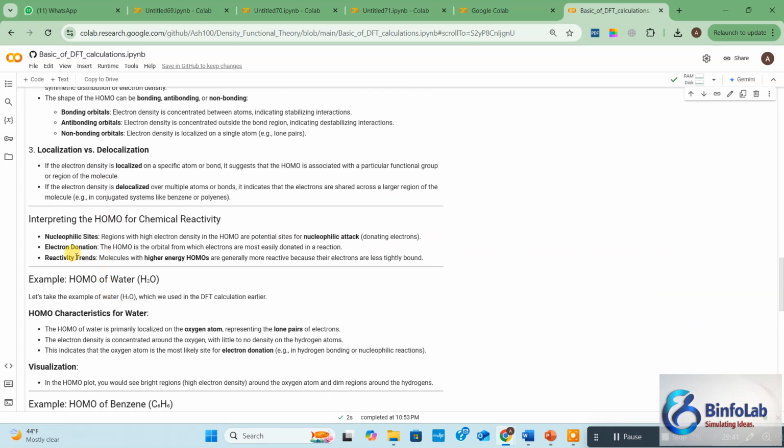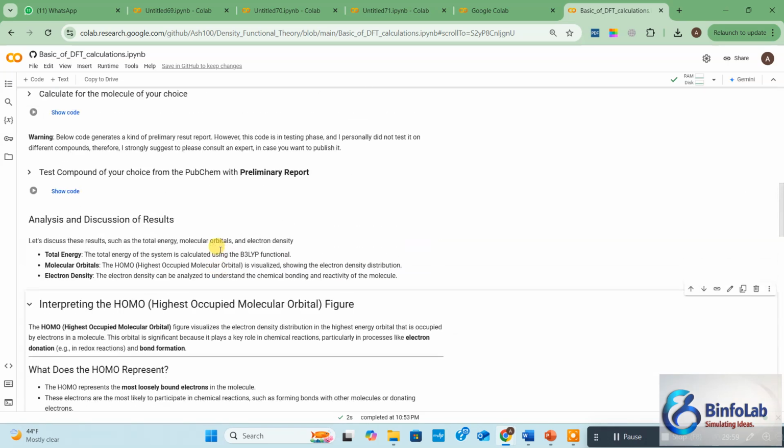Okay, so electron donation: the HOMO is the orbital from which electrons are most likely donated in the reaction, almost the same thing. Okay, reactivity trends. Molecules with higher energy HOMO are generally more reactive because their electrons are less tightly bound.